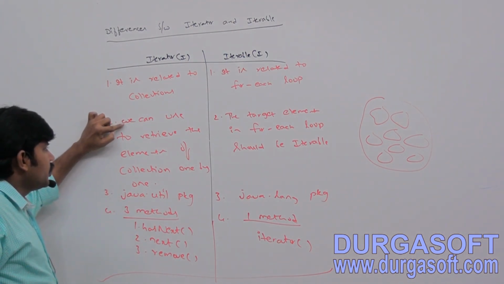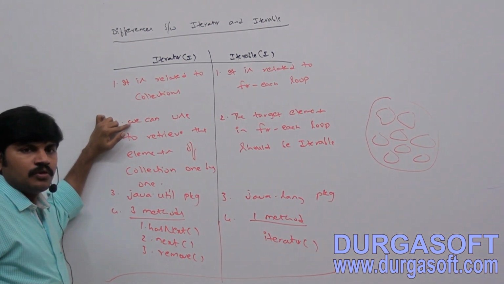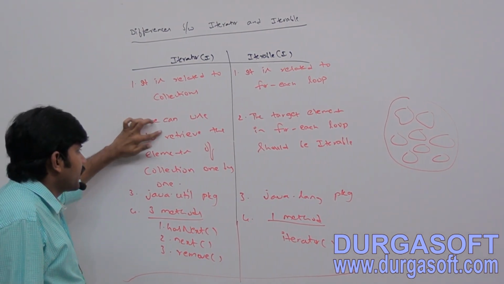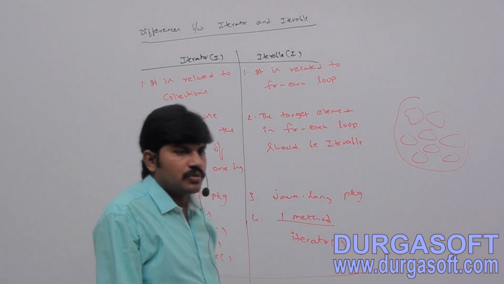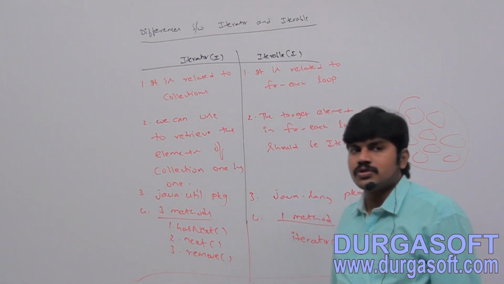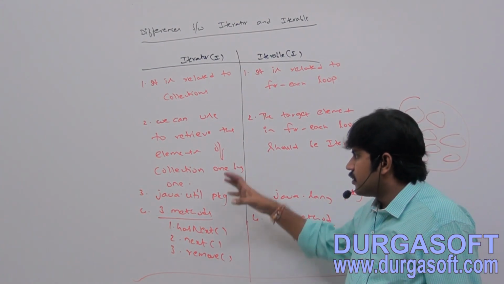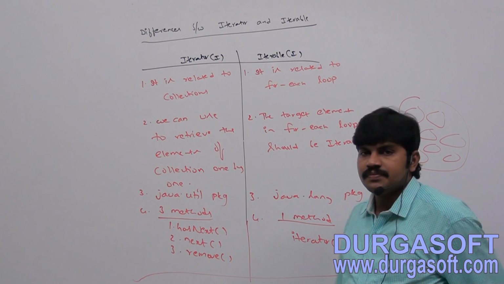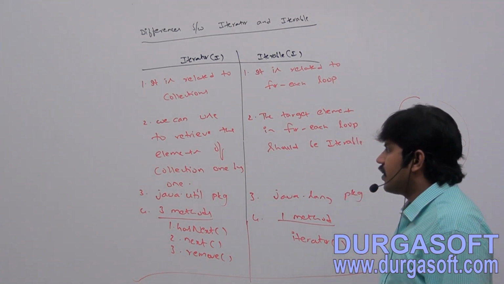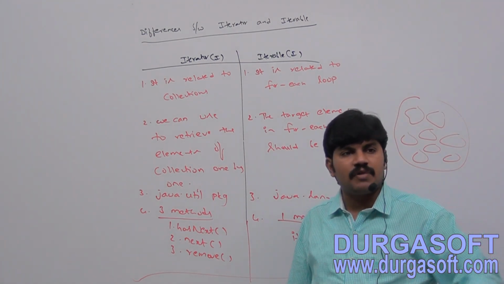Next, we can use iterator to retrieve elements of collections one by one.